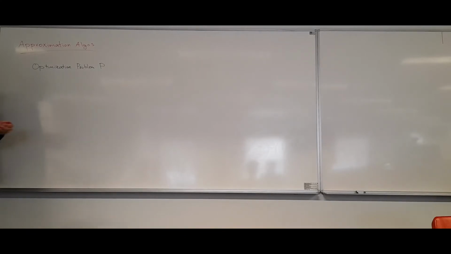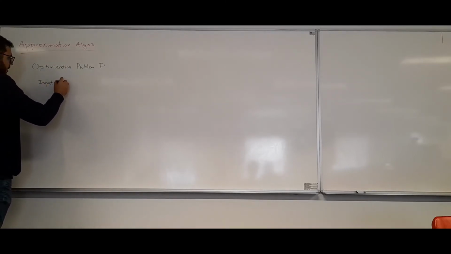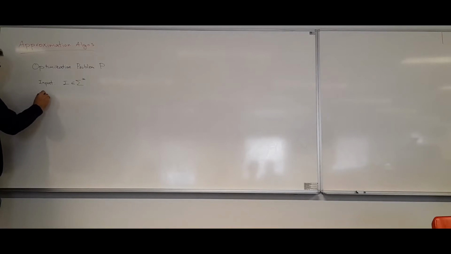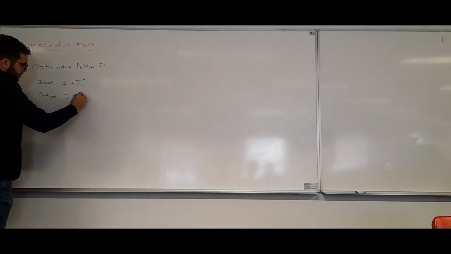In this case, our input is going to be a string, our answer is also going to be a string, and then we have a cost function, which takes the input and our output and says how well we did. So my input is just some string. Let's call it I, which is in sigma star. And I have to create some output. Let's call this one O, and this is also in sigma star.